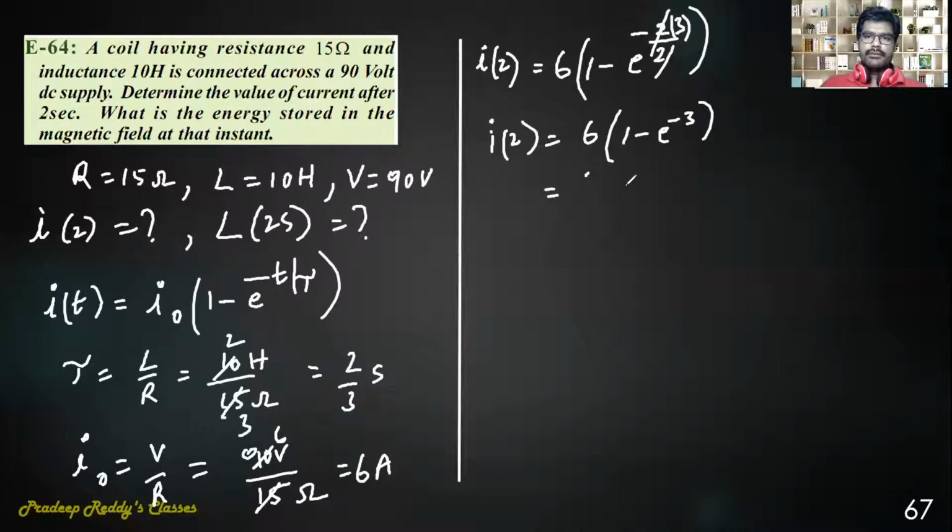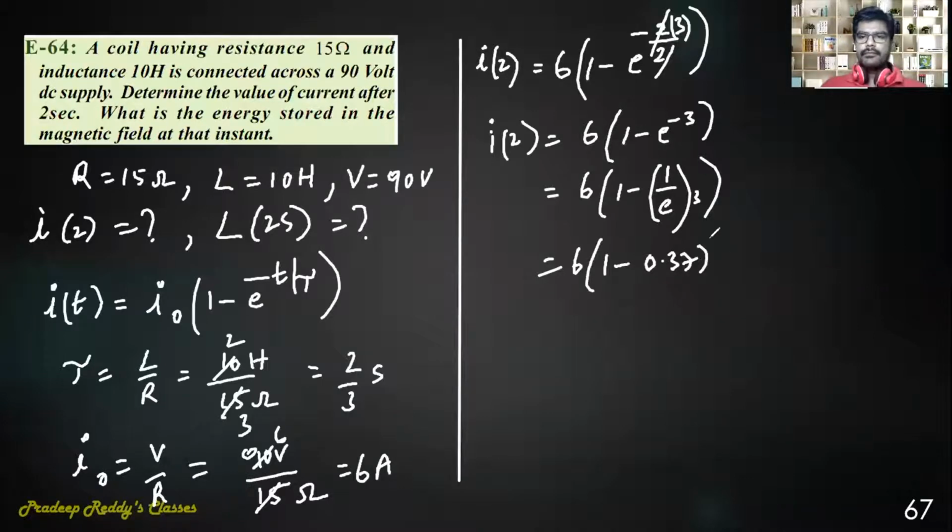This is 6 into 1 minus 1 by e whole cube. 1 by e is 0.37 and this is whole cube. This gives you the final value of I at time 2 seconds. It's nearly 5.7 ampere. So this is current at 2 seconds.